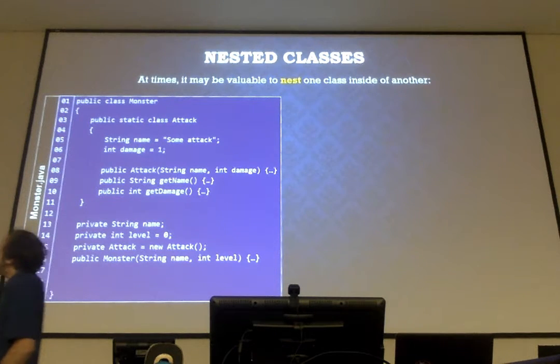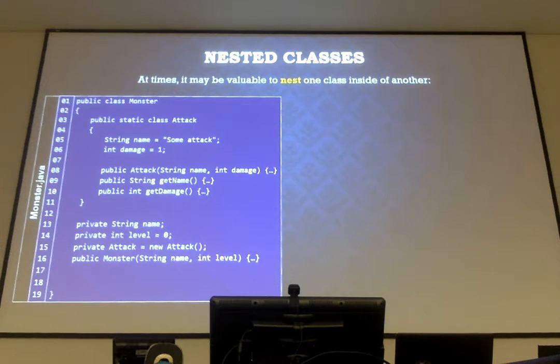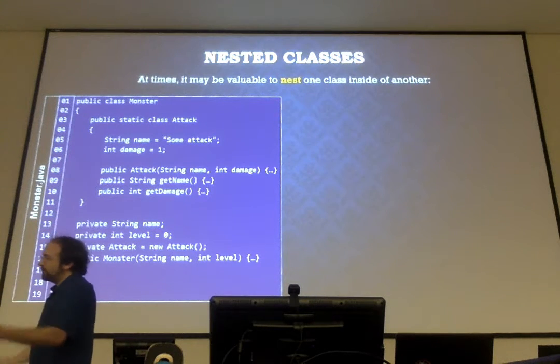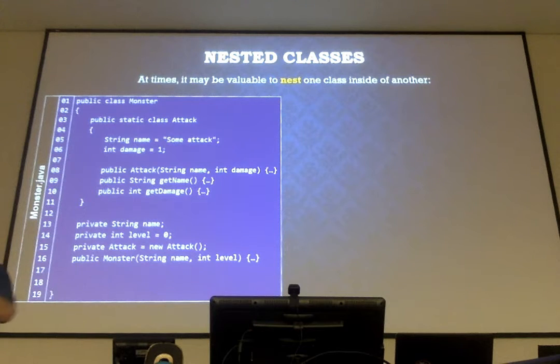This class represents an attack that a monster can do. It's going to have a name and a type of damage, just like any other class. We're going to have constructors and methods and all that other stuff in them. The only difference is that this class is considered a part of the other class.